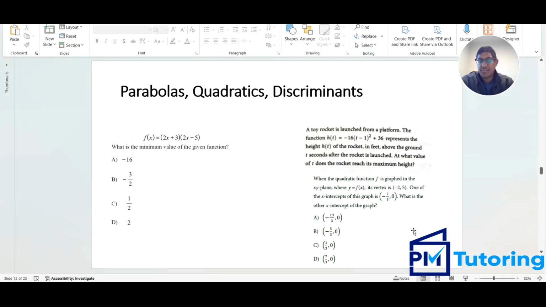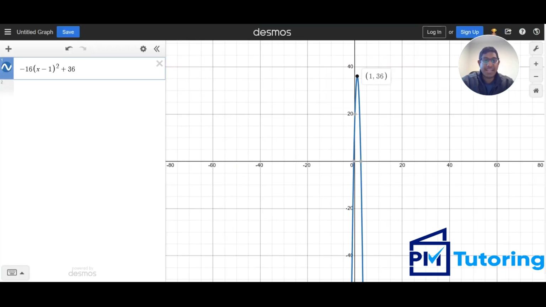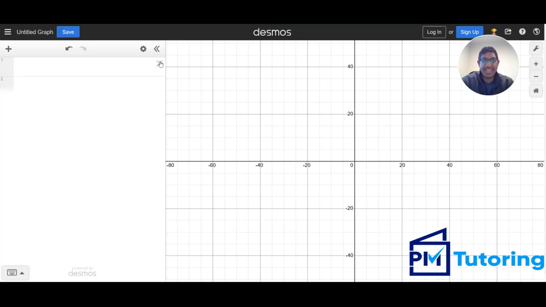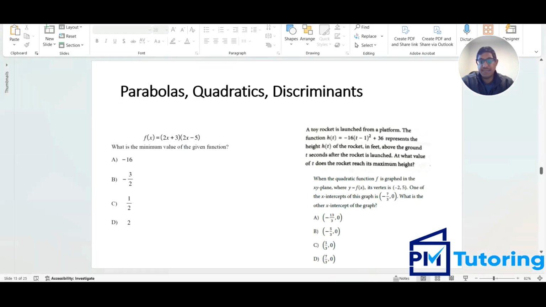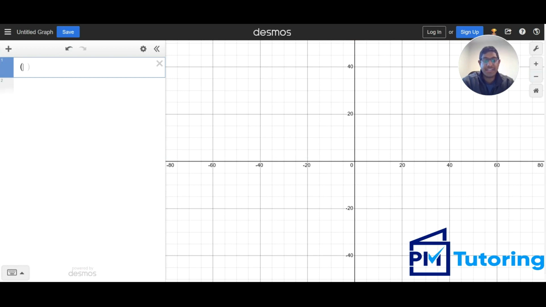And they could give us more creative questions like this. When the quadratic function is graphed in the xy plane, where y equals f of x, its vertex is negative 2 comma 5. One of the x-intercepts is negative 7/3, 0. So this isn't something that we can necessarily solve directly in Desmos, but it's one of those examples of a question that's a lot easier to visualize, and because we have Desmos, we don't have to sketch out by hand.